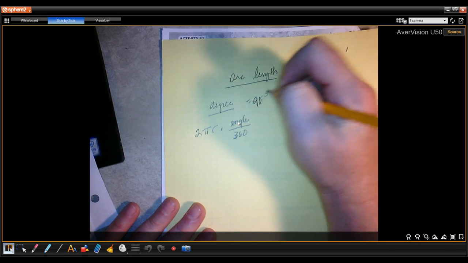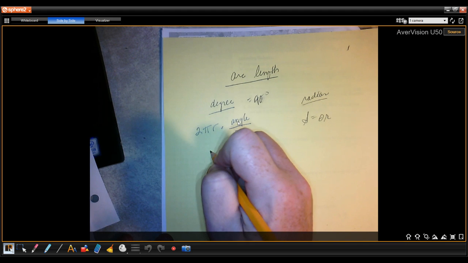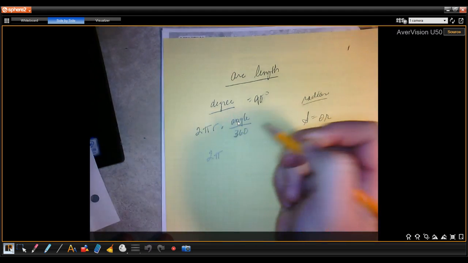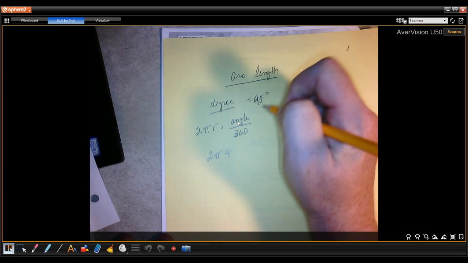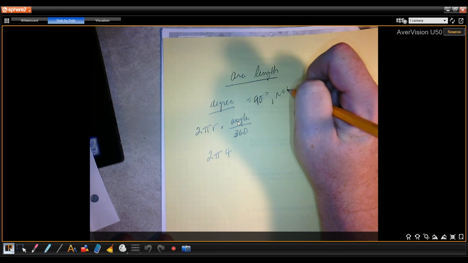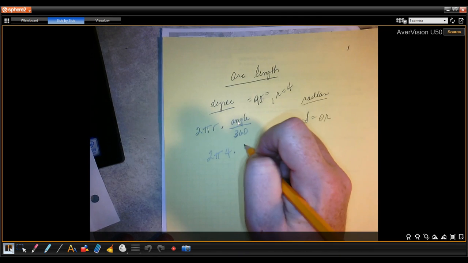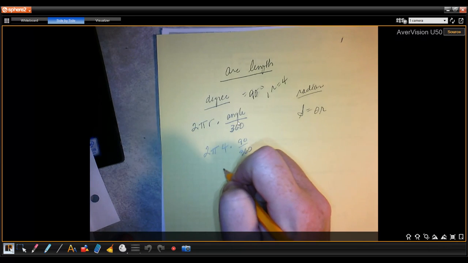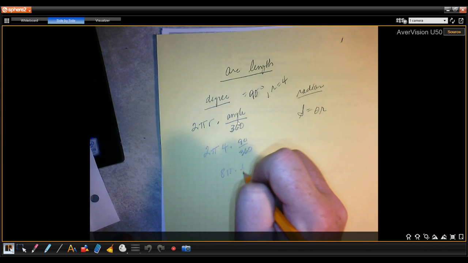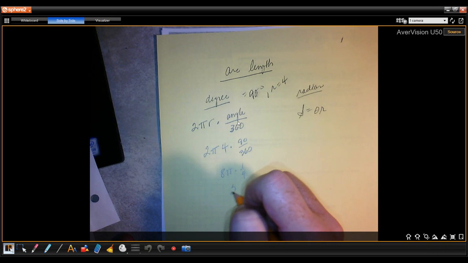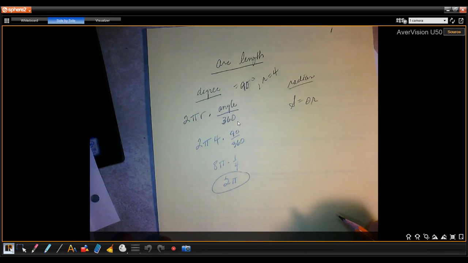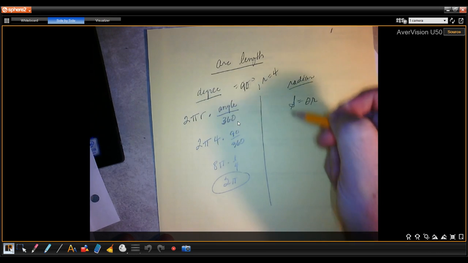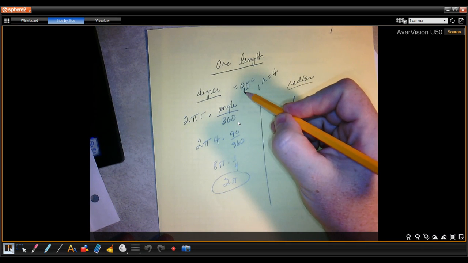So do 90 degrees. If it's 90 degrees, it'll be 2 pi, and we'll say R is 4. 90 degrees, and R is 4. And then it'd be 90 over 360. So it'd be 8 pi times 1/4, or what is that, 2 pi, right? Okay, so that's if they give you 90 degrees and then the radius is 4.